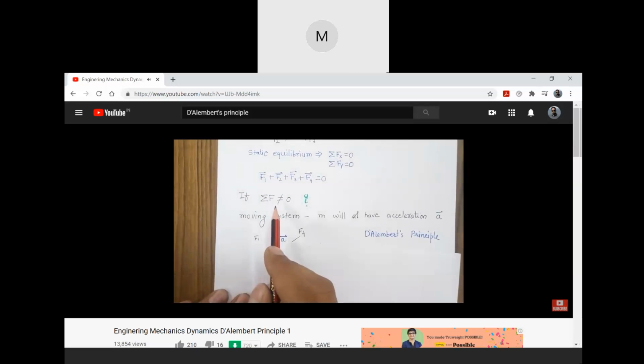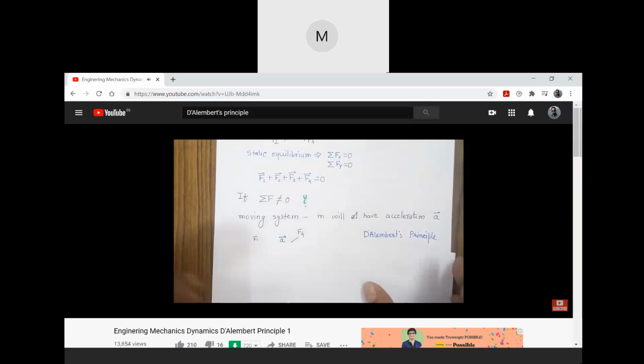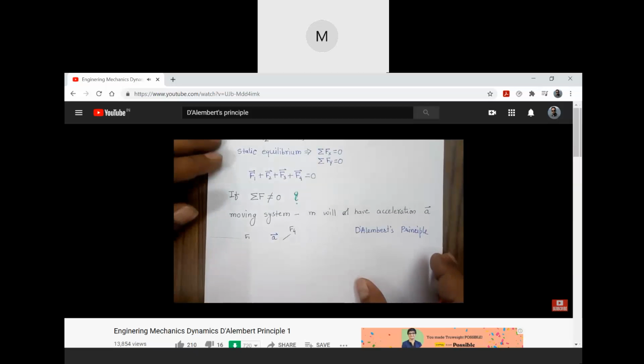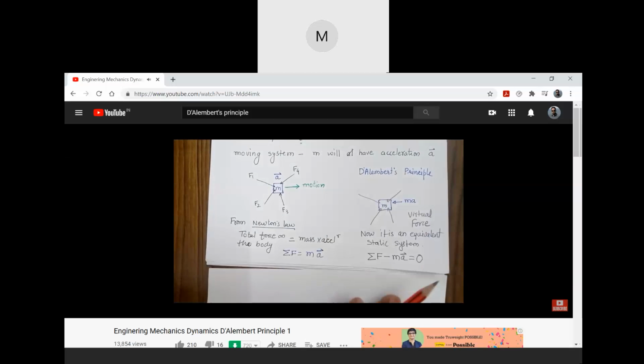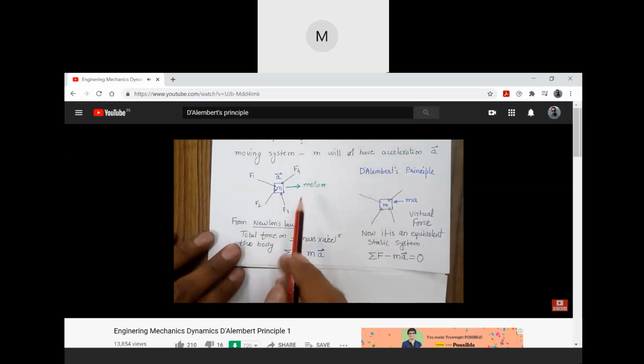If the forces do not balance each other, there will be a resultant force on the system which will move it with certain acceleration. So now we have a system where the four forces are not balancing each other, and because of that there will be a resultant acceleration a, and the system is moving.